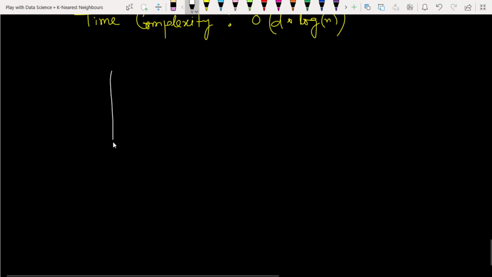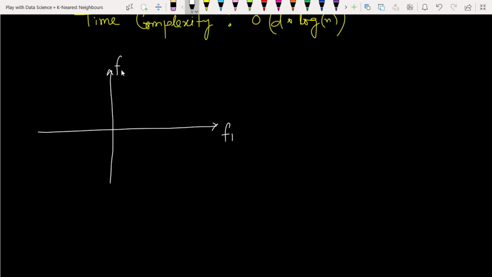Suppose this is our sample with hyperplanes, this responsible for feature 1 and this responsible for feature 2. Suppose these are our two hyperplanes, this is pi 1 and this is pi 2.